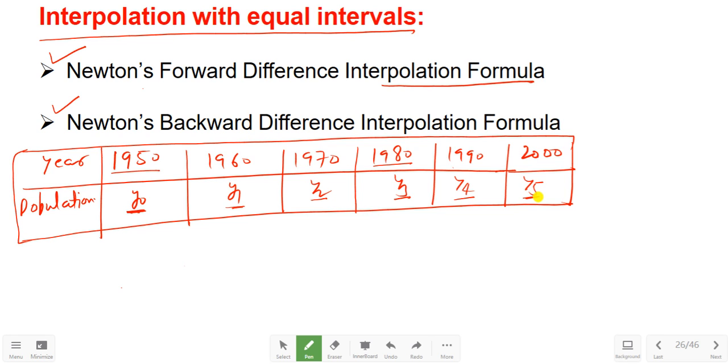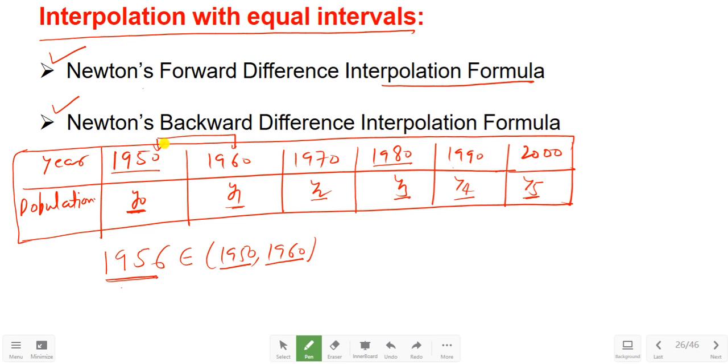In that case, if we compute the population in the year 1956, 1956 lies between 1950 and 1960, that is, the first two years in the given data set.